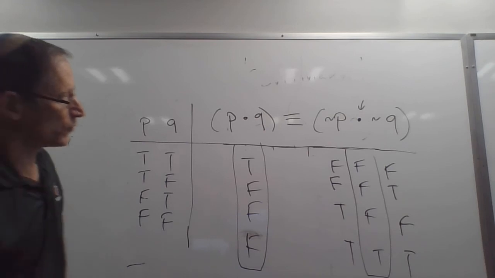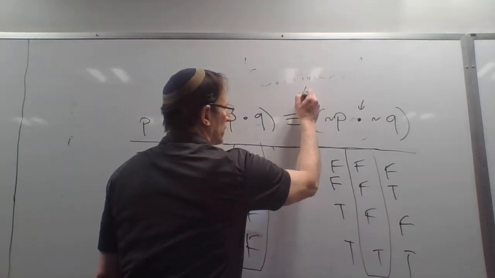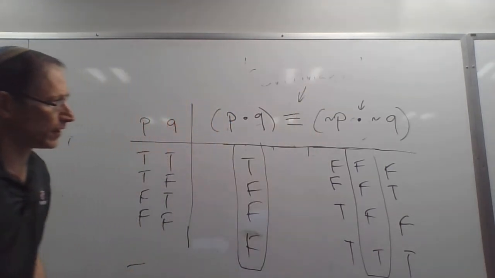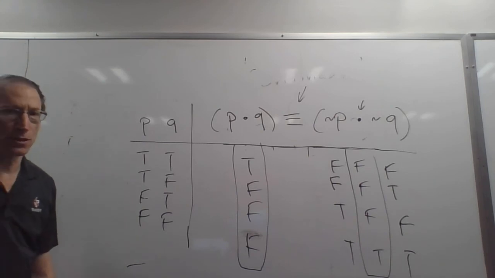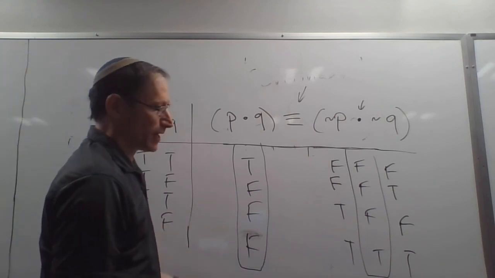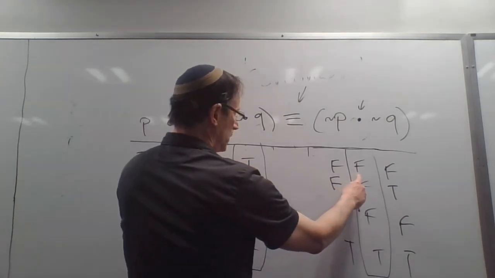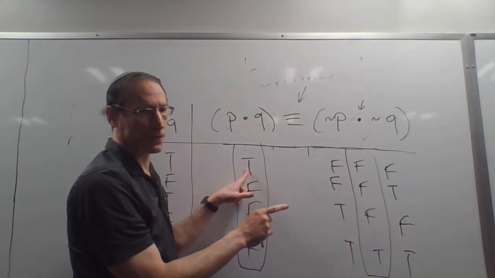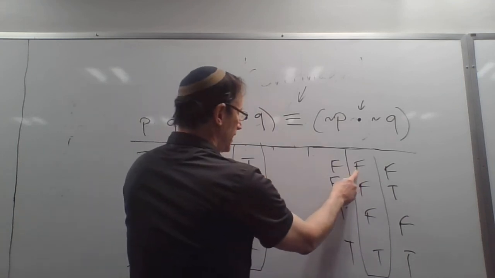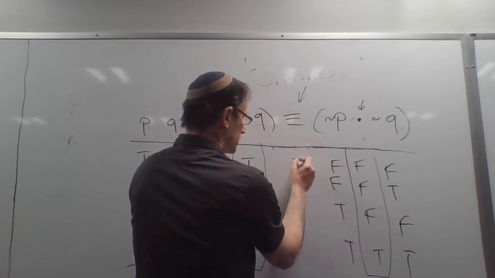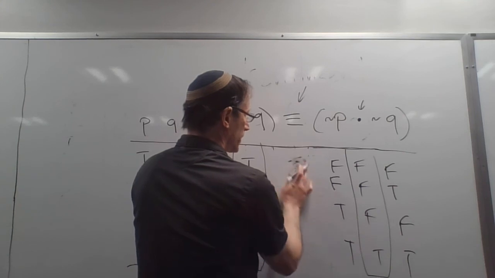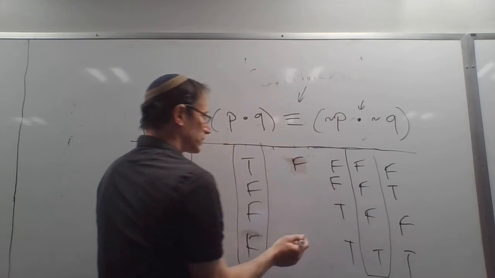Now, for the purposes of finishing this off, we're going to look at the value of the biconditional. Remember that the biconditional is true whenever they have the exact same value. It's going to be false when they have a different value. So TF, the value of this becomes false, right? False.